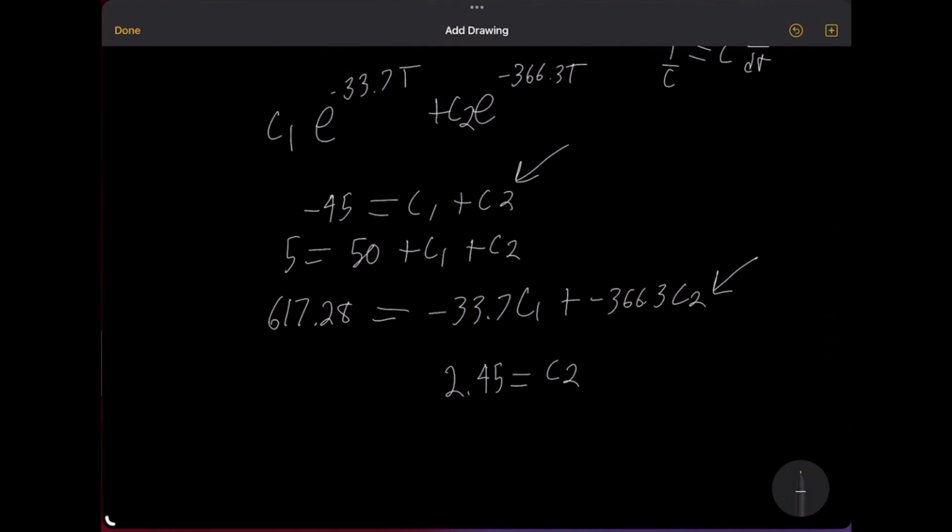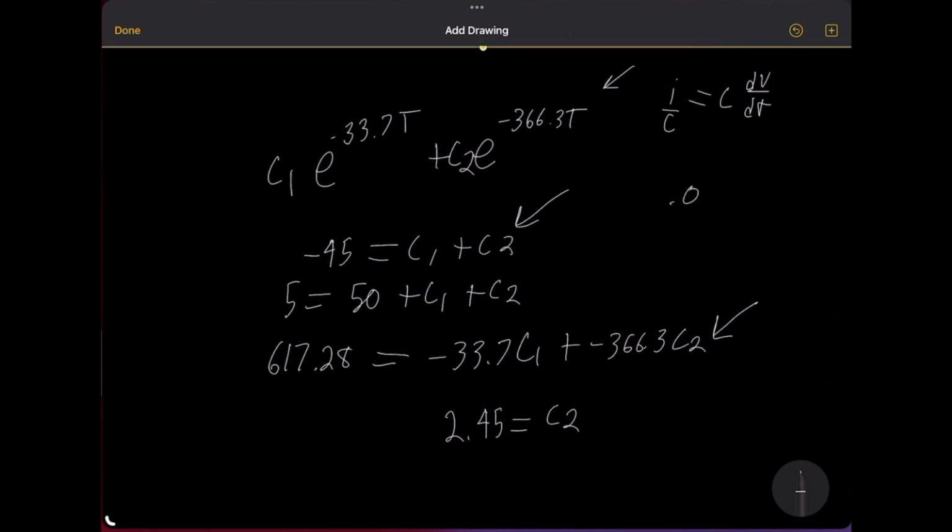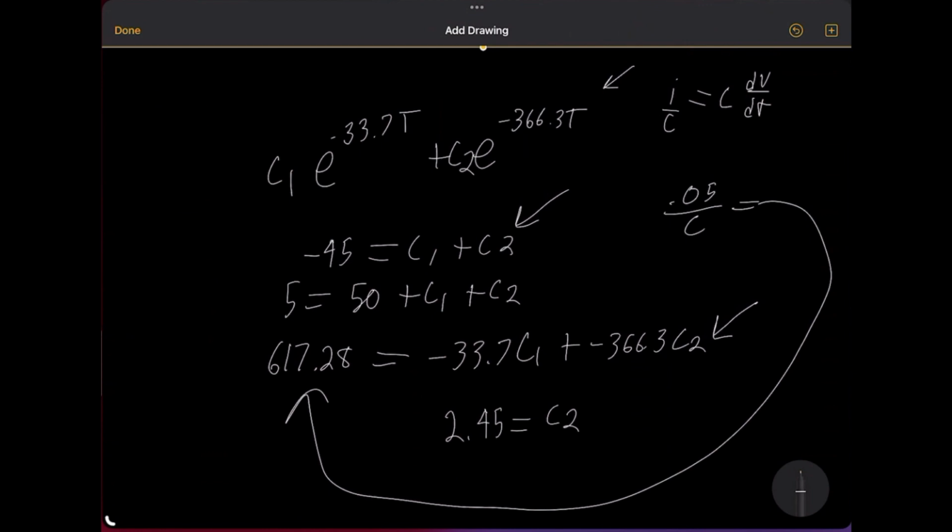And we get 0.05 divided by this. Yep. So your current is going to be the initial value through the inductor, which is 0.05, divided by capacitance. And you'll get this value over here. Okay, and then you just solve simultaneously. And there you go.